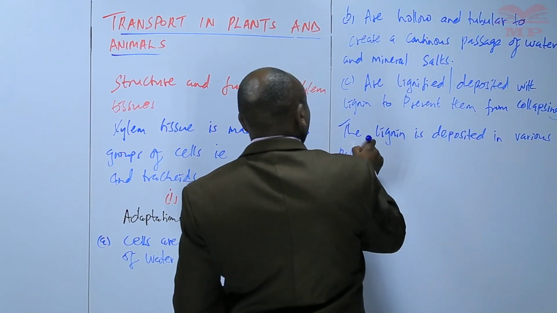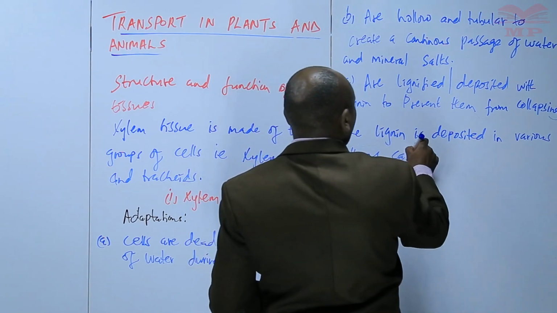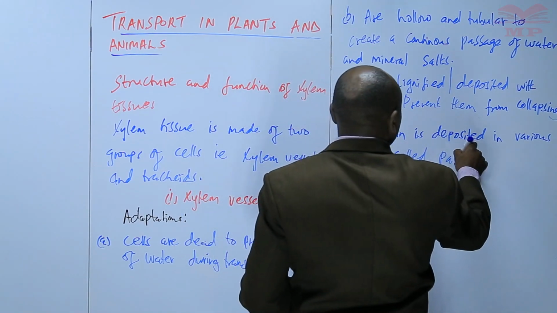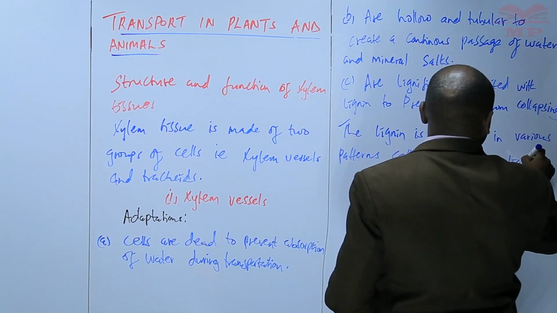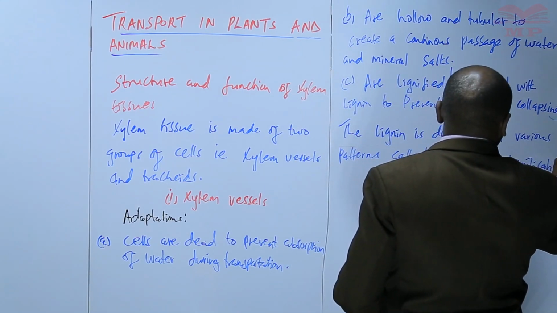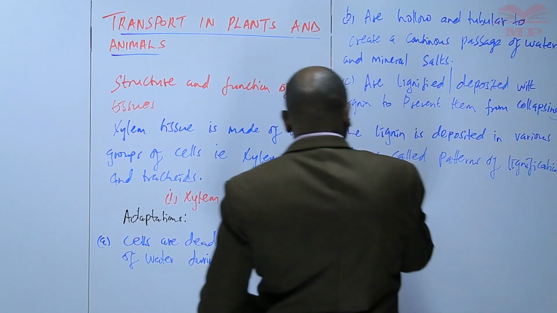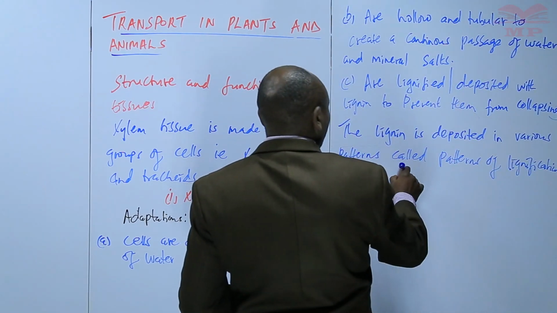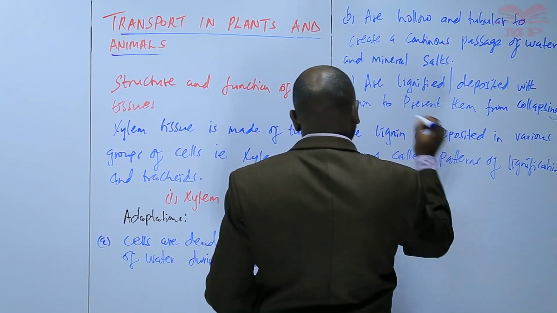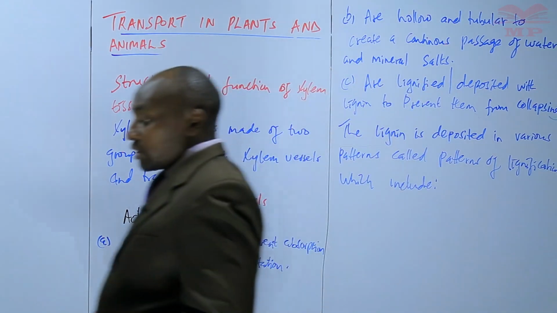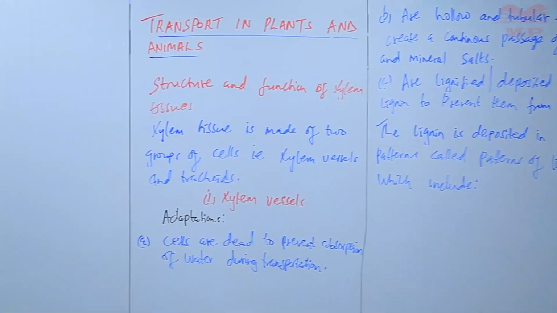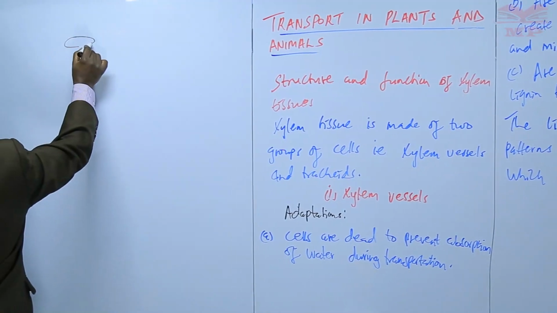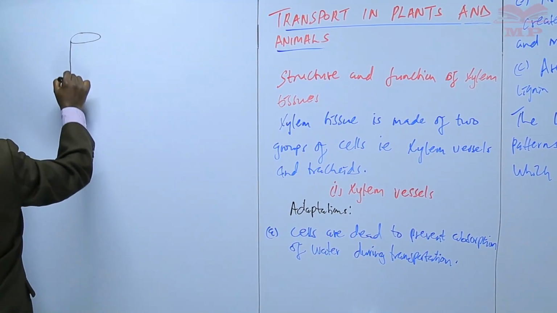In various patterns called patterns of lignification, which includes, these patterns of lignification includes, we shall draw them. So assuming this is the xylem, it's a hollow tube.